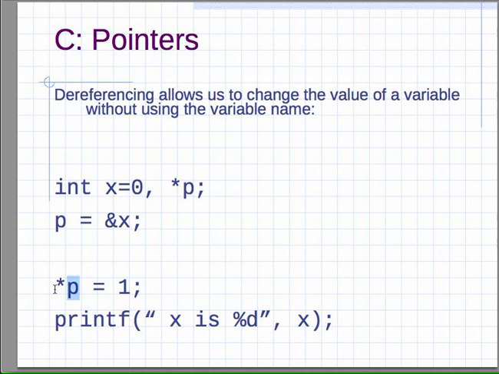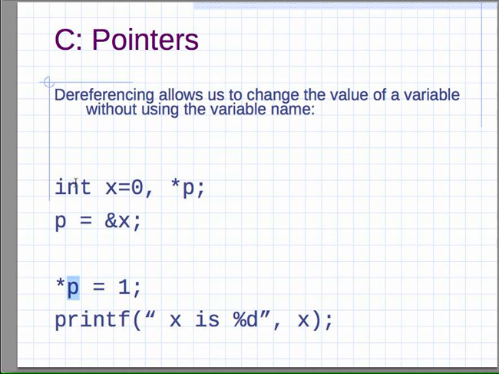That's called dereferencing. So when you say star P is equal to 1, let's ignore the rest of the statements. Just taking a look at this, what this is saying is take the thing that P is pointing to, and in whatever P is pointing to, store 1 there.